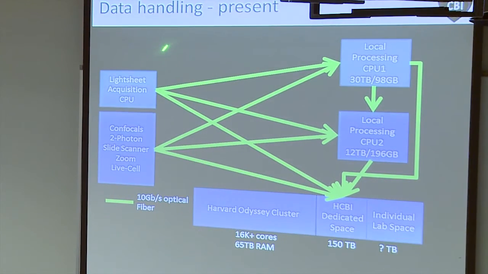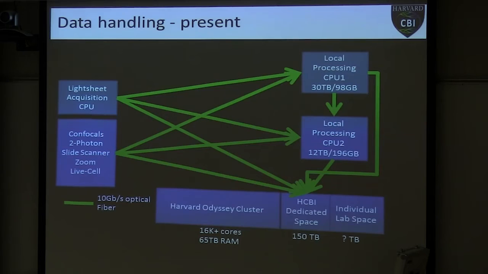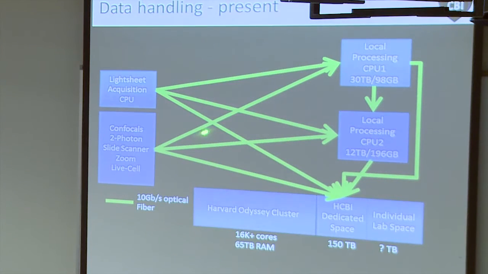So now we have our Lightsheet acquisition computer as well as a number of our other high data output systems rewired throughout the entire facility with 10 gigabit optical fiber. So what this means is we can move data from one computer to another really quickly. So these are our microscopes that sit on this fiber network.